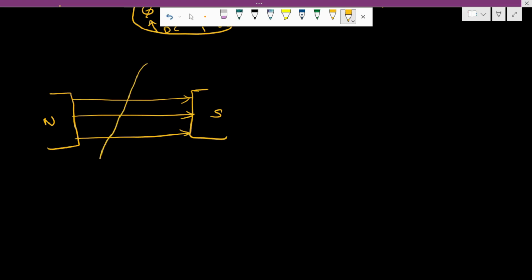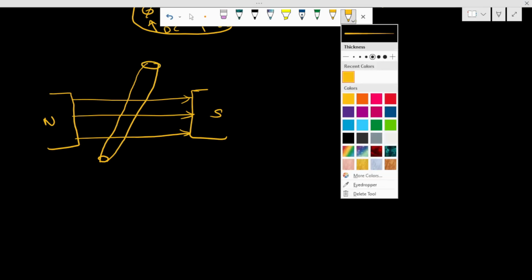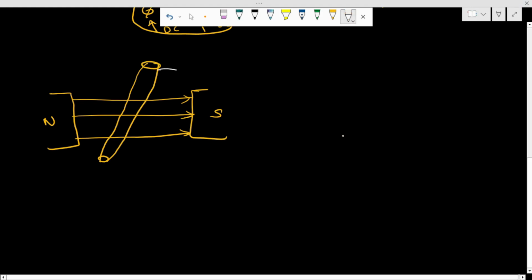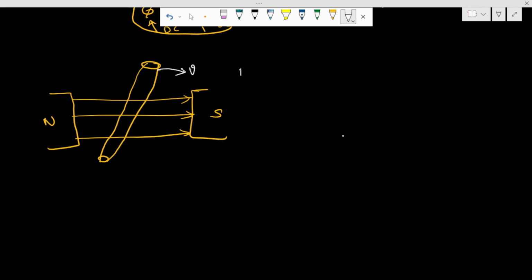This is the conductor. The conductor is moving with a velocity v. The magnetic flux density, let us take it as B.